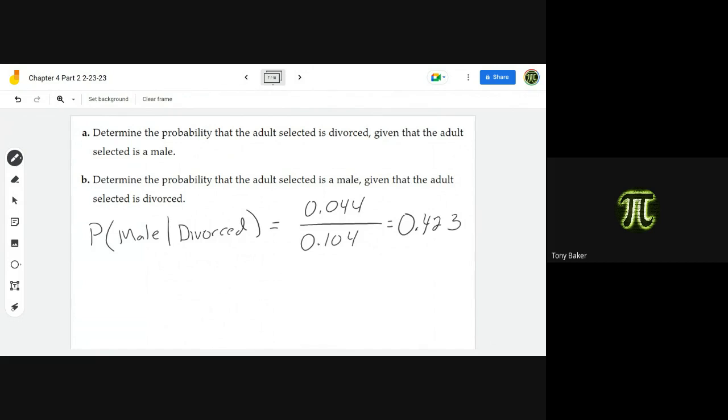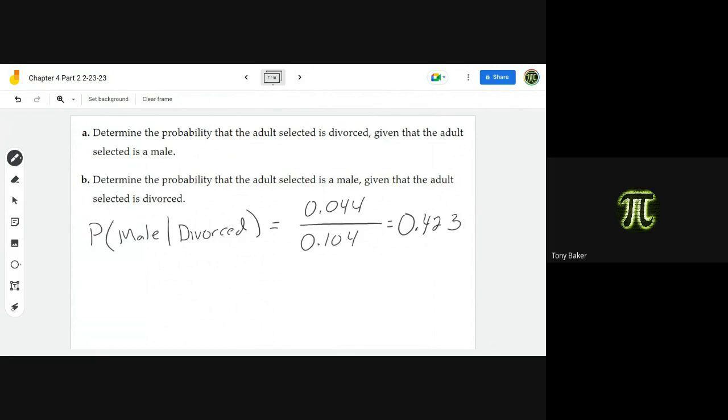One is out of all the divorced people, so it's looking at that piece of the population and then the divorce rate. The second one is looking at your divorced and then looking at your population.